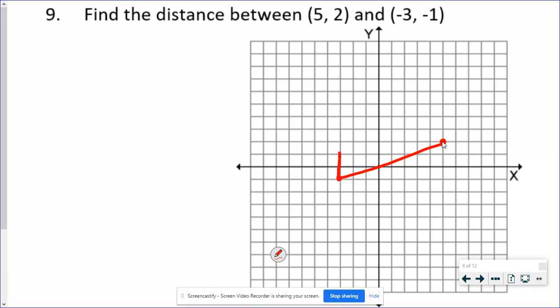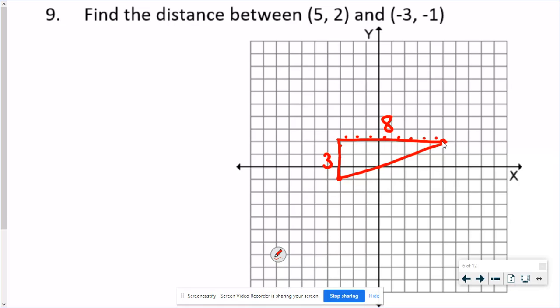So I would need to construct or draw the right triangle so that I know for sure how long the legs are. This side is 3 units long, and we've got 1, 2, 3, 4, 5, 6, 7, 8 units here.